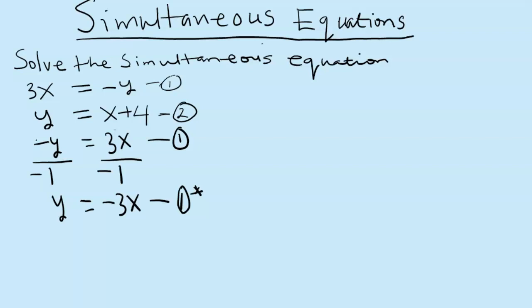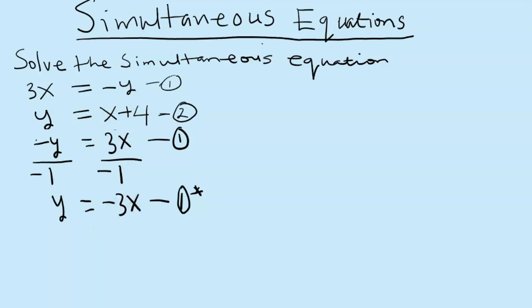Okay, so at this point, we have equation 2 up here, which is y equals x plus 4, and we have equation 1 star, y equals negative 3x. So we have y here and y here, which means we can equate them.